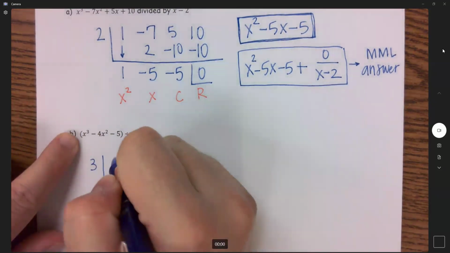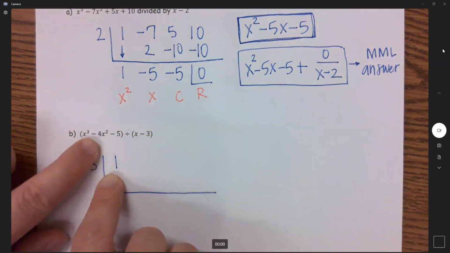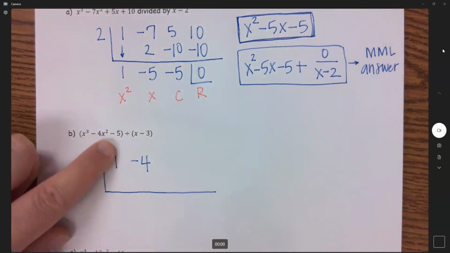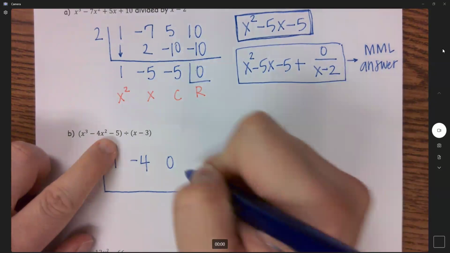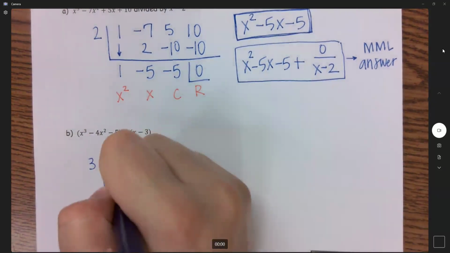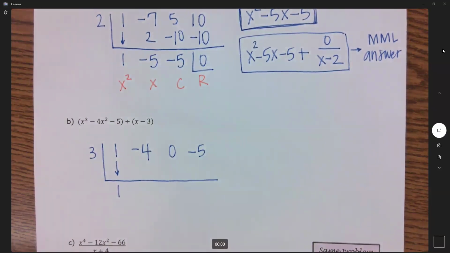X cubed is 1. Next we go to x squared, which is -4. Next we go to x. I have no x, so we got to put a 0 as a placeholder. And then -5. So we're always going to drop down this first one and then multiply, add till the end.